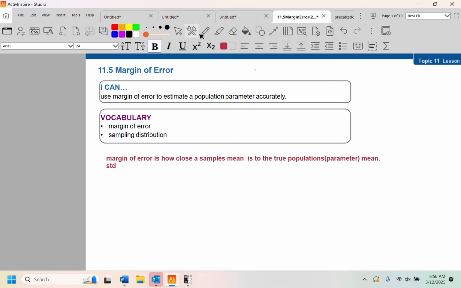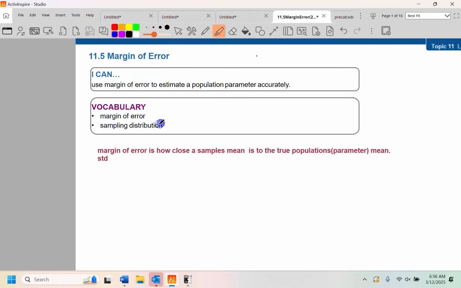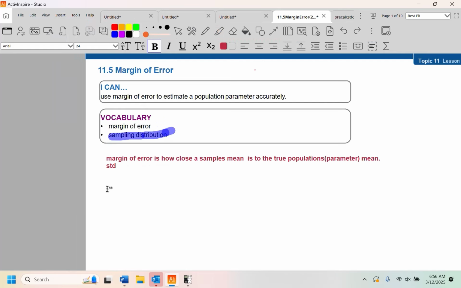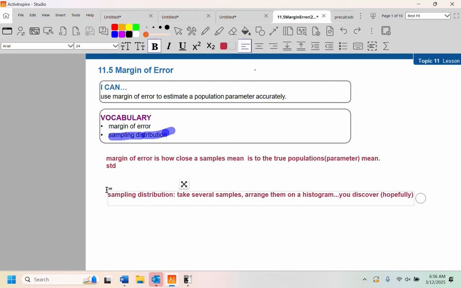I'm not going to talk a lot about this because it really just bogs this lesson down. What is a sampling distribution? A sampling distribution is where you take several samples and arrange them on a histogram. And what you discover, hopefully, it's not always true, is that you get a normal distribution.